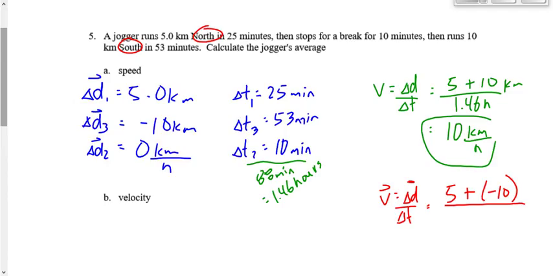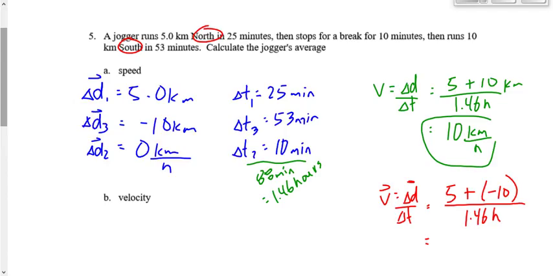No, it's not. It's like subtracting, but it's still adding. When we have displacements, we add displacements. When we have positions, we subtract them. 5 plus negative 10. Why the negative there, though? Because it's south. And since we're dealing with velocity and displacement, which are vectors, we have to take that into account. My time interval here is still 1.46 hours.